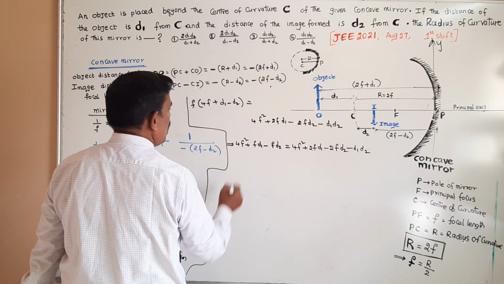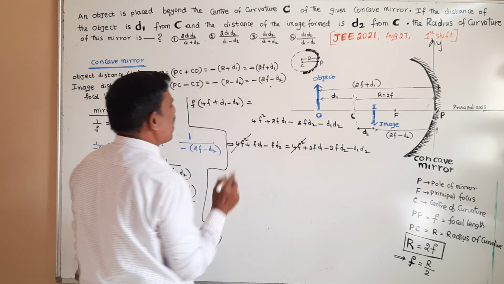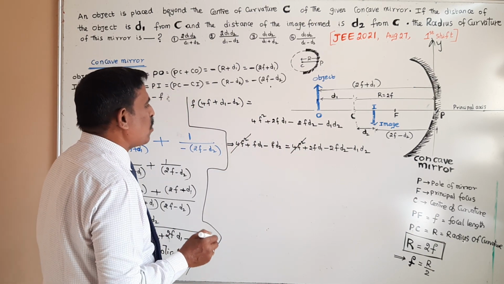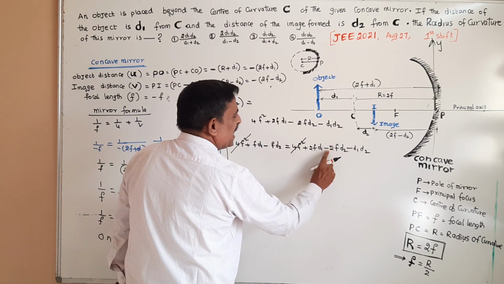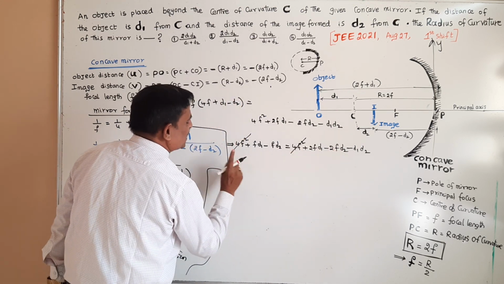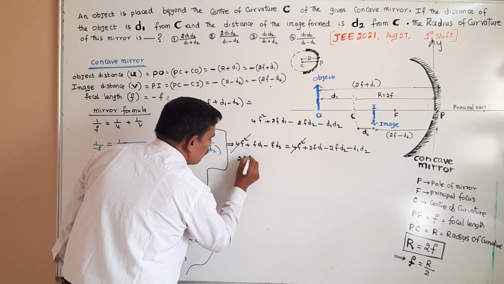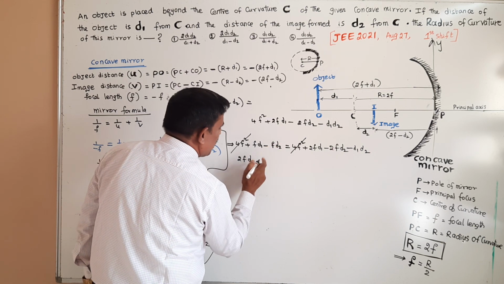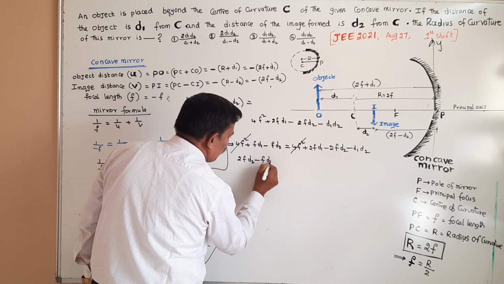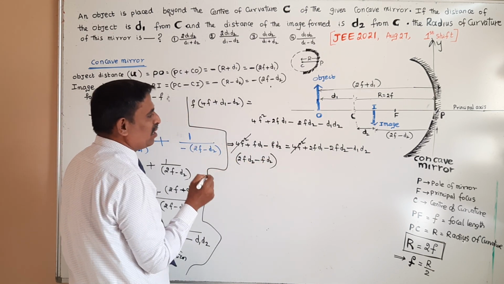The 4f square cancels. Minus 2f d2 comes to this side as plus 2f d2, minus f d2.